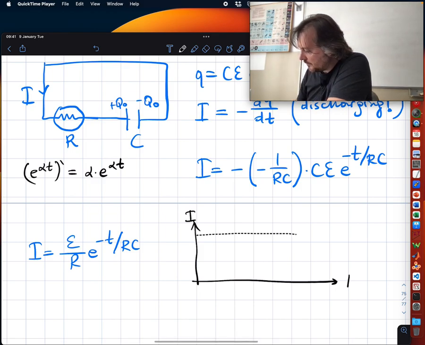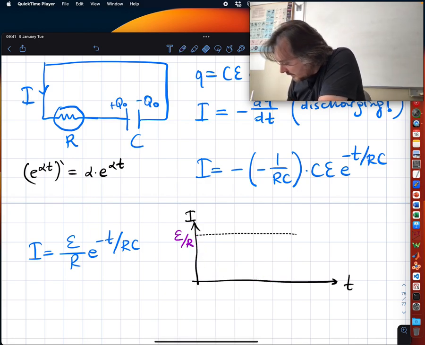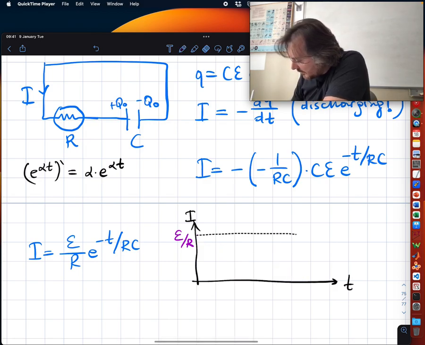Yes, tell me. There is a formula for I in the previous case when the capacitor was charging. I don't remember. Yes, let's also look at that. Let me just make it a smooth curve.